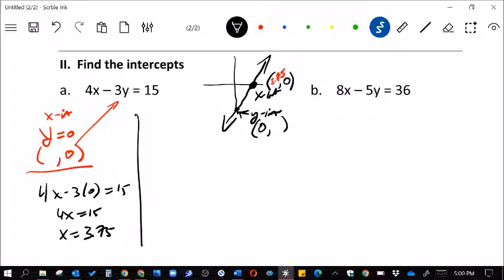Now we're going to put the 0 as the x, and the y is the one we need, which is the y-intercept. So in this case, I'm still going to do that same thing, except now that 0 is going to go in place of the x.